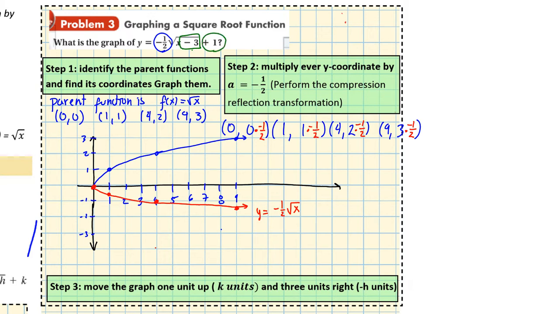Since we know we have to move it 3 units right and 1 unit up, that's exactly what we're going to do. We're going to grab each point and move them 3 units right and 1 unit up. All the points.